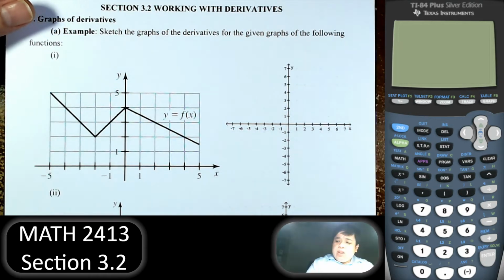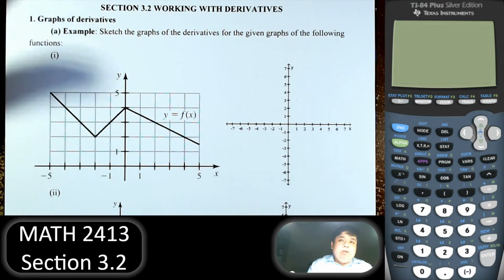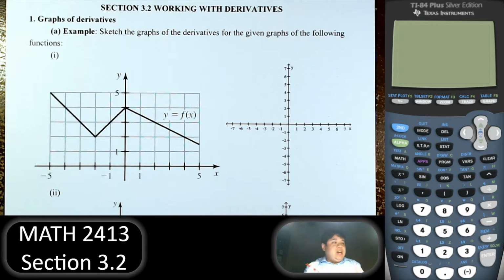So what we know up to this point is the derivative is the slope of the tangent line, right?